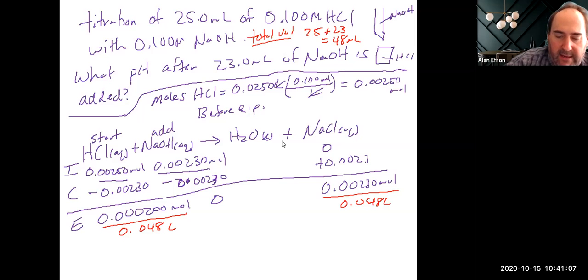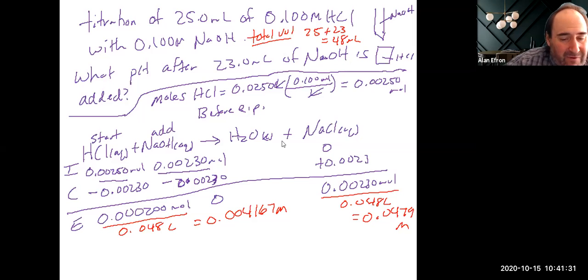And if we do that, we will end up with 0.004167. And on the other end there, we will end up with 0.0479 molar.